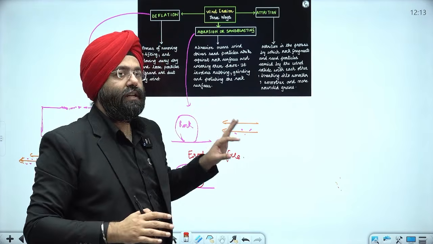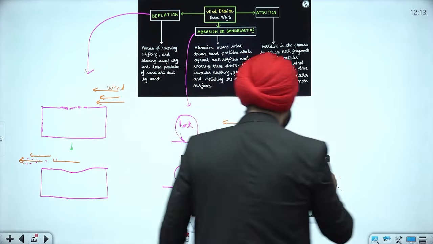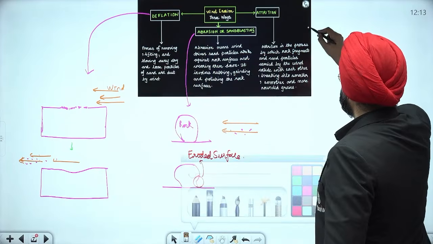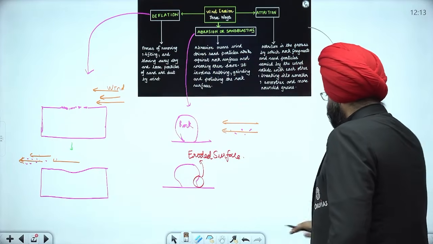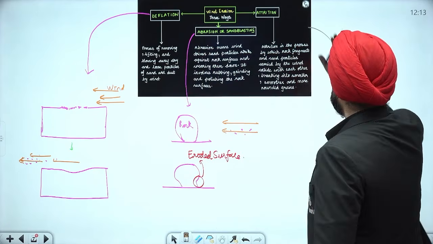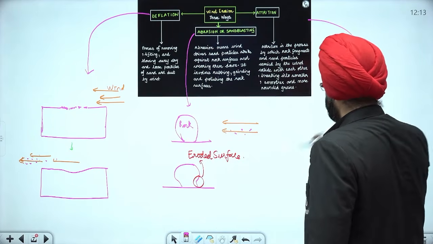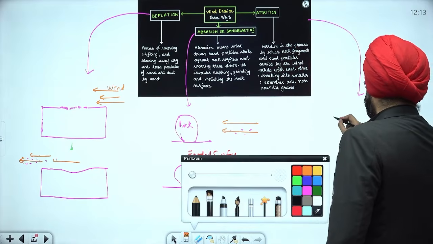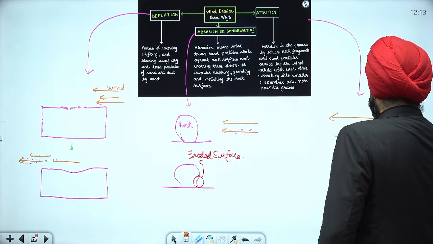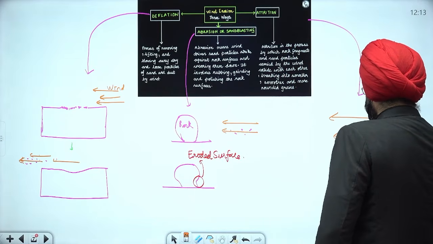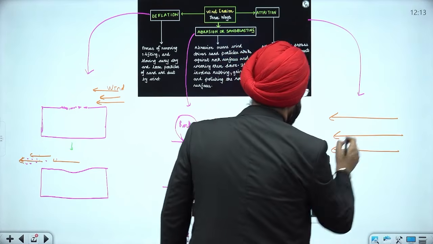When I'm talking about attrition, now please understand this is again a very interesting process. Supposingly the wind is moving here. Now what happens is there are particles present here.